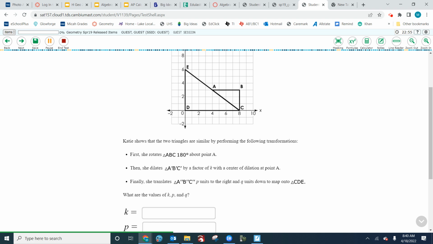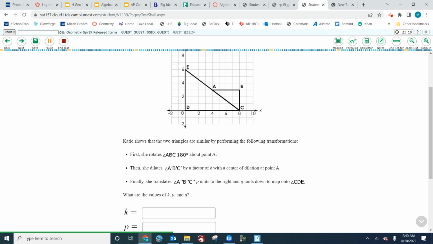The second transformation: P units to the right. Well, do the easiest one. Do you agree that after this step and this step, point A still hasn't changed? So take the easiest point, point A, and see where it needs to end up. In triangle ABC, A is here. Where does it need to end up?